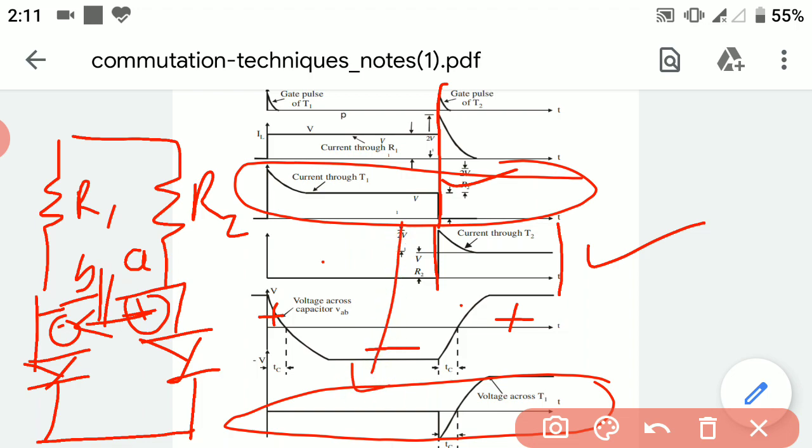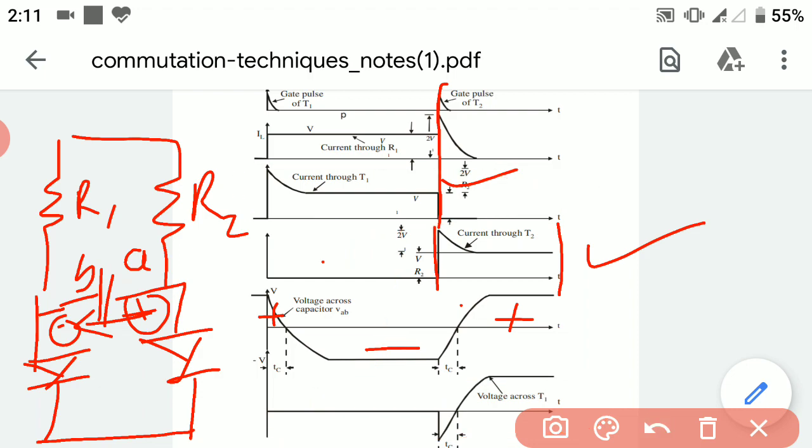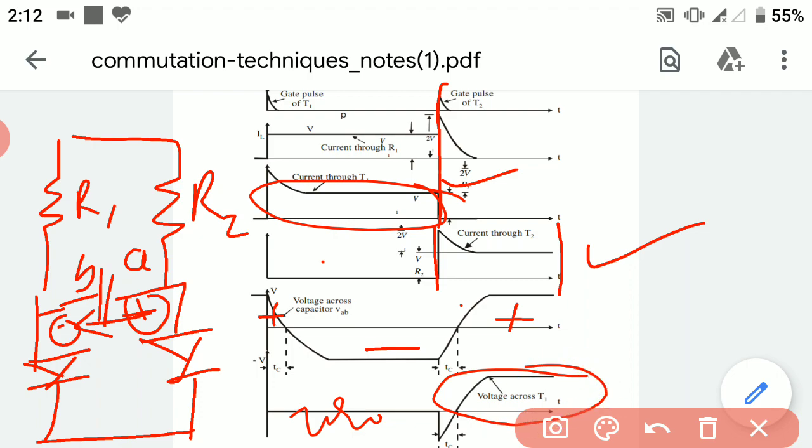So as the thyristor T1 is conducting, there is no voltage drop across it. As it is turned off, the drop across the thyristor T1 develops. So this is all about the waveform of the class C commutation technique.